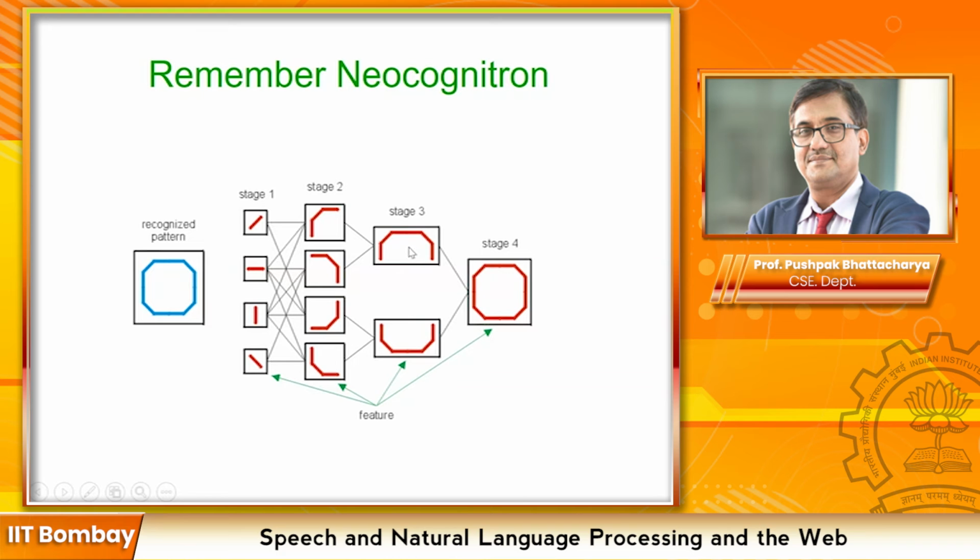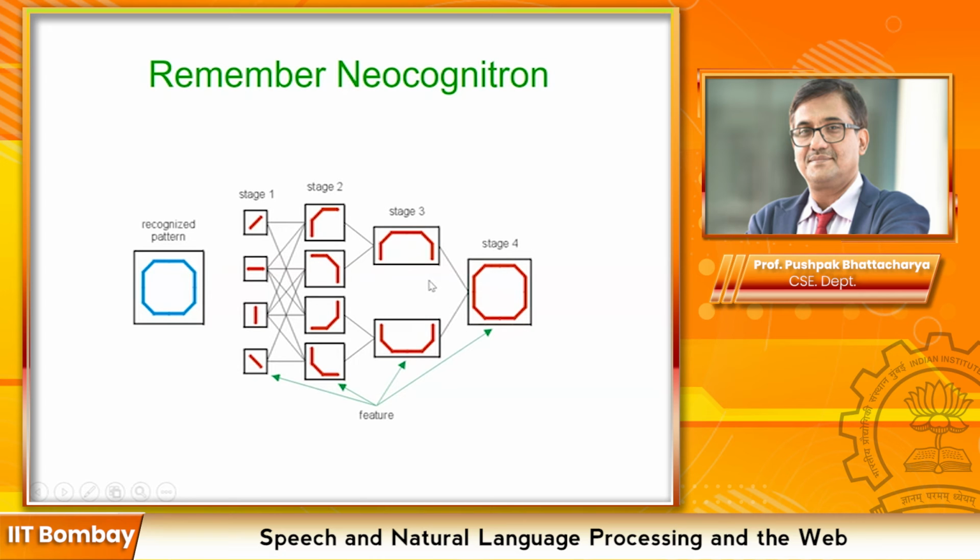Stage 3 will combine these further and obtain half of the octagon. Half vertical, forward incline, horizontal, reverse incline, half vertical. The first block in stage 3, second block is recognizing the mirror of this pattern. And at stage 4, the recognition of the complete octagon is done. The recognition is complete there.